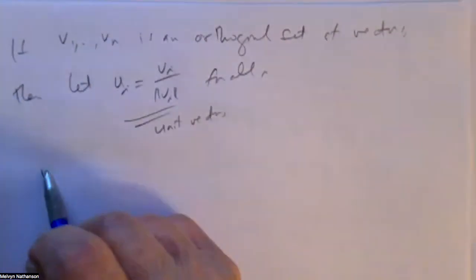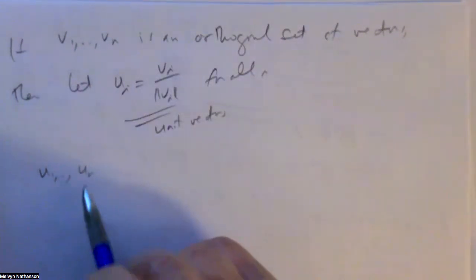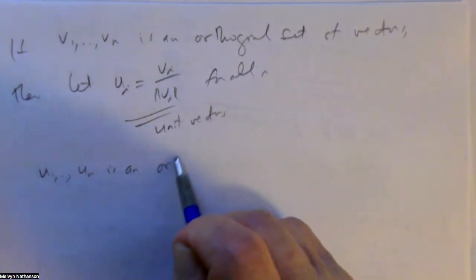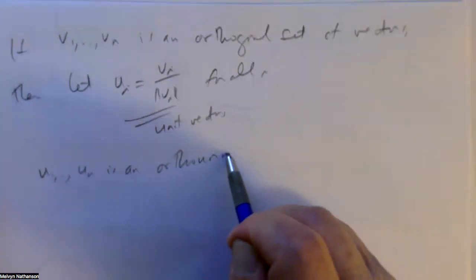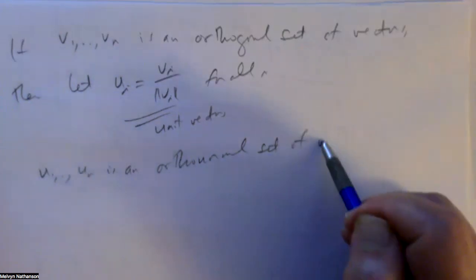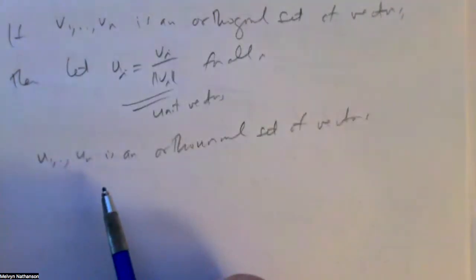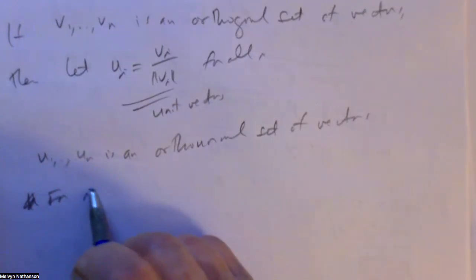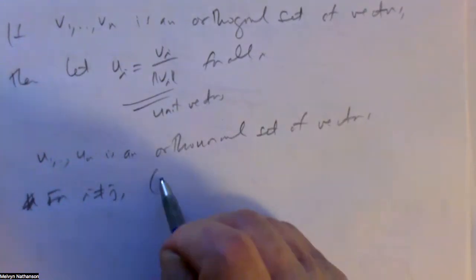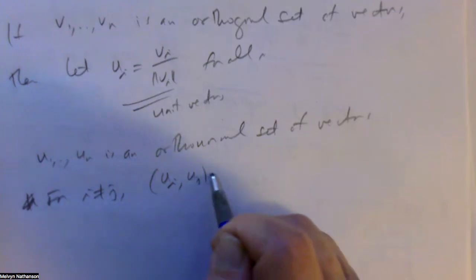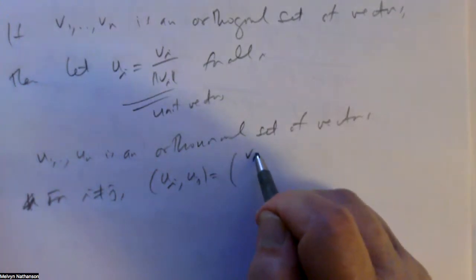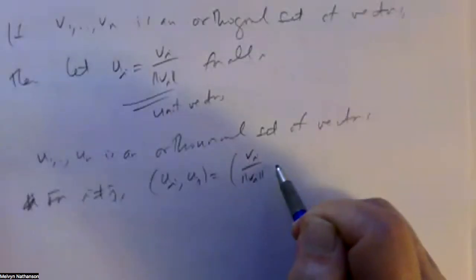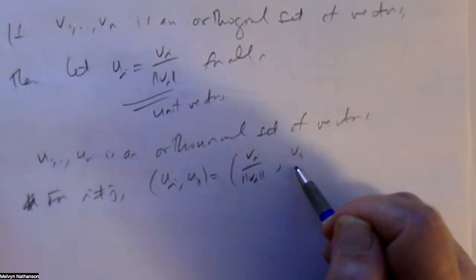And I claim then that u1 up to un is an orthonormal set of vectors. And it's easy to see why, because for i different from j, the inner product of ui and uj is the inner product of vi over the length of vi with the vector vj over the length of vj.